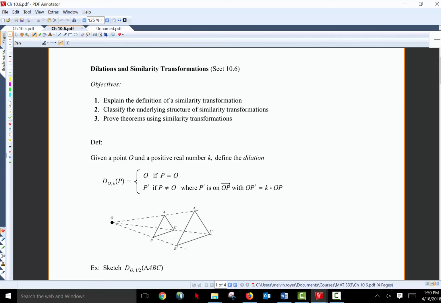All this discussion about isometries gave us different ways of thinking about congruent triangles and congruence theorems. And so now this material is going to give us different ways of thinking about similar triangles and similarity theorems.